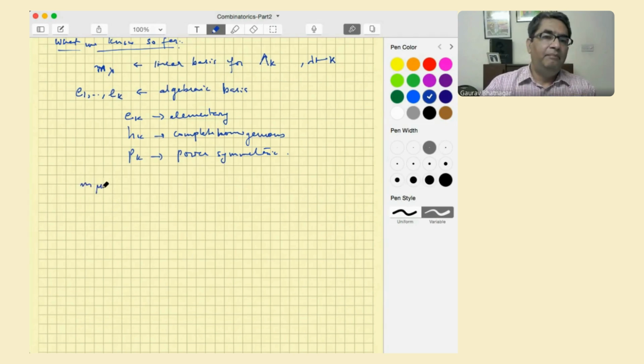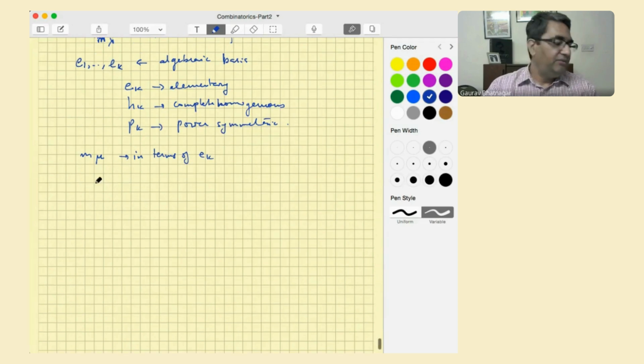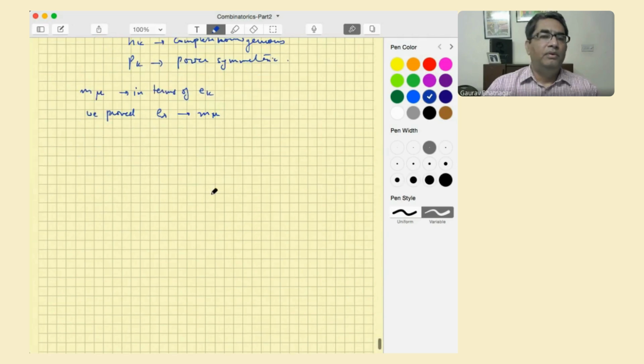Okay, so we had written m mu in terms of Ek first, and then we got some matrix and we inverted it and we proved vice versa. We proved that E lambda can be written in terms of m mu.